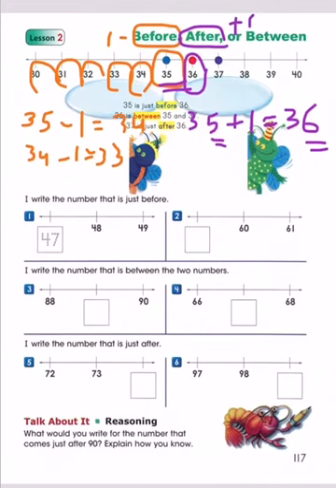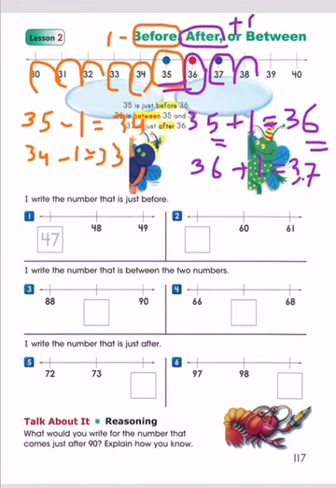Now we have 36. One number after 36, we can plus 1 to know the answer. 36 plus 1 equals 37. So one number after 36 is 37, and one number after 37 is 38.